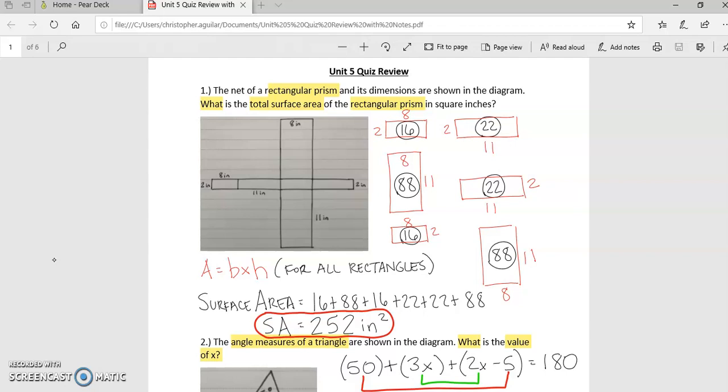Multiply the base 8 times the height 11, and I get 88 as my area. The smaller rectangle here in the middle, I know that my height is 2 because the 2 is coming all the way across all these lines, and my base is opposite of the 8 right here, so it's 8 as the base, 2 as the height. 8 times 2 is 16.